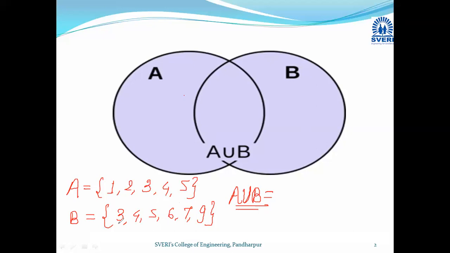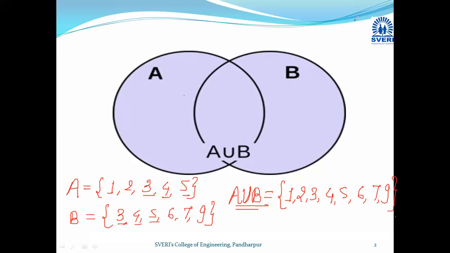But if repeated terms are there, then we take them only one time. So here 3, 4, 5 are repeated. So A union B includes 1, 2, 3, 4, 5, 6, 7 and 9. Okay. Do you understand what A intersection B is and what A union B is?